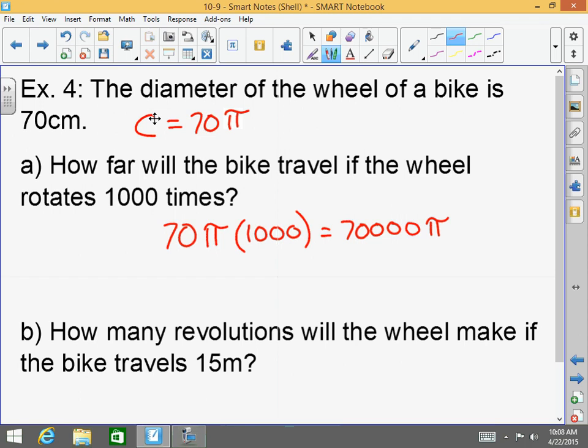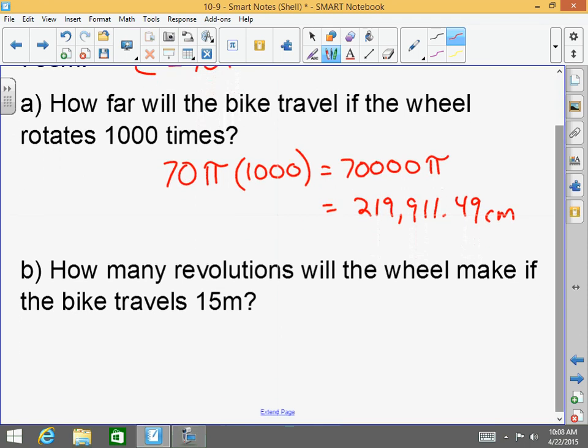So it'd be 70,000 times pi, which would give you 21,000, I'm sorry, my bad, 219,911.49 centimeters.